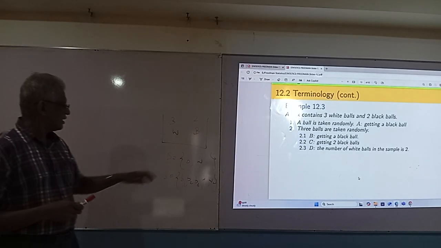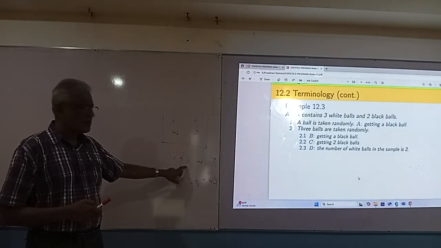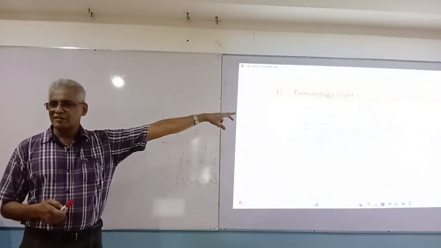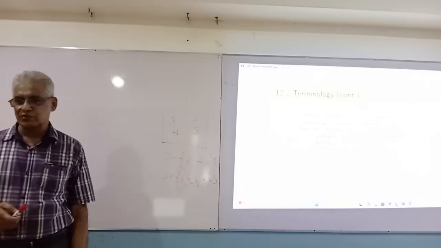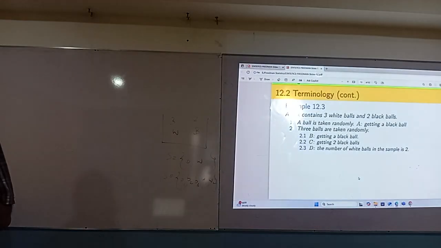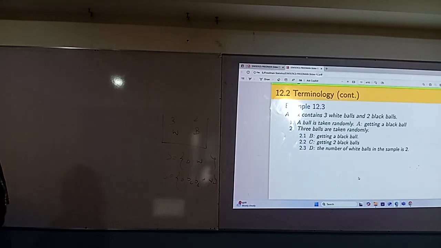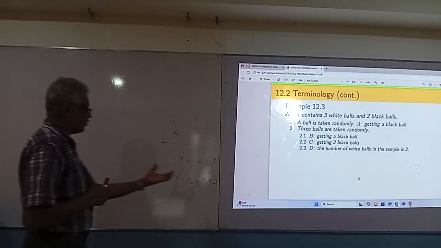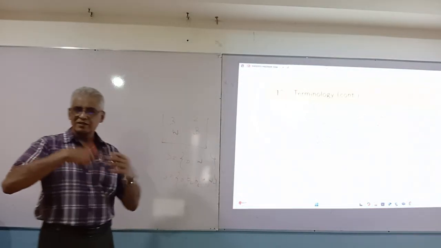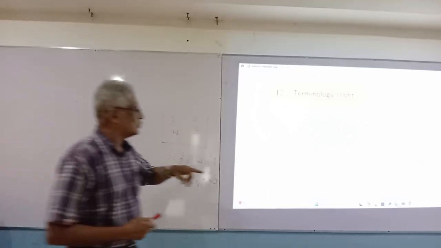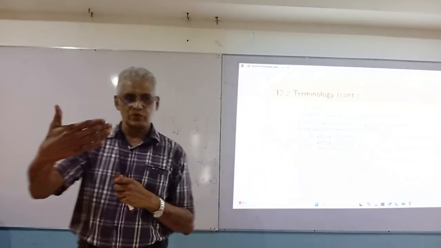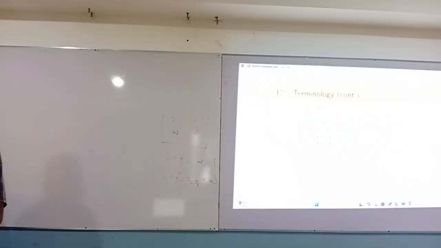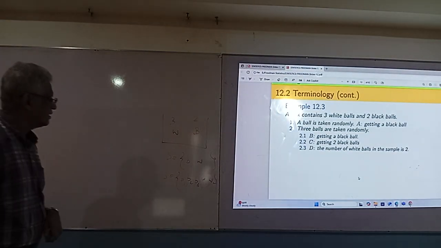If you write down the sample space like this, probably it's difficult to write down that event as a subset of this, getting 3 balls. But here you have all 5 balls, therefore we can easily write down that event. So depending on what event you want to look at also, the way that you should write down the sample space may be different.